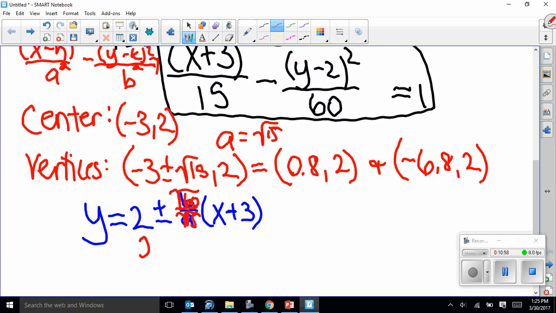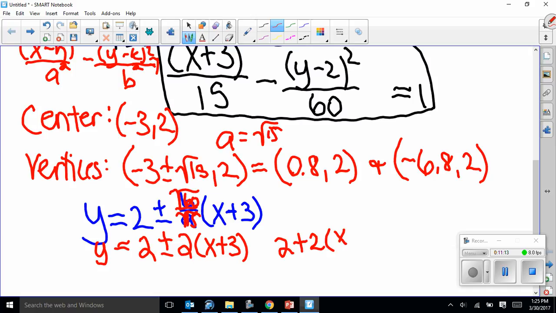So this reduces to 2 plus or minus 2 times x plus 3. So we'll break it out into two equations. So we have 2 plus 2 times x plus 3 and 2 minus 2 times x plus 3. And that'll give us our two asymptotes so we know how wide our hyperbola is going to open.